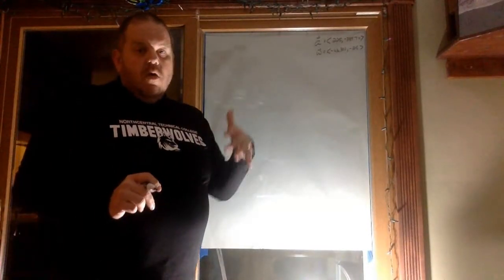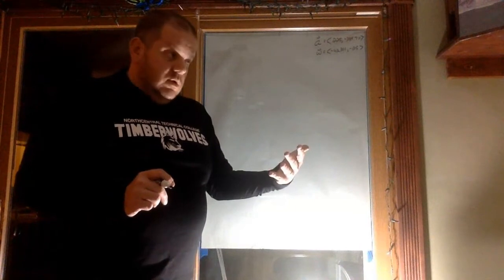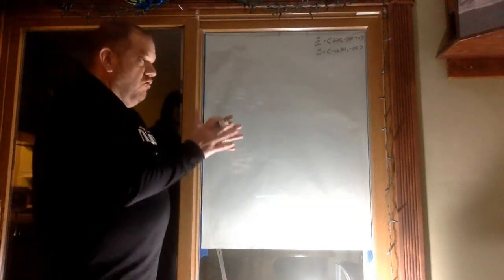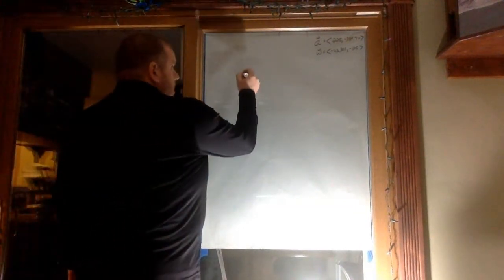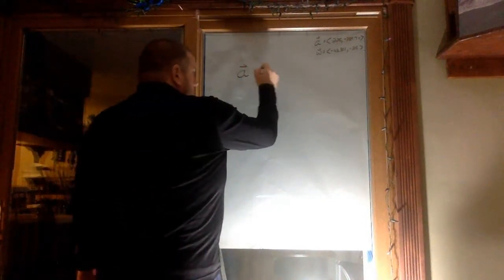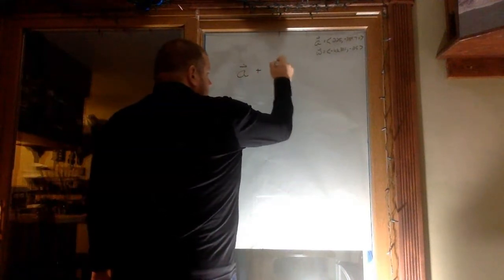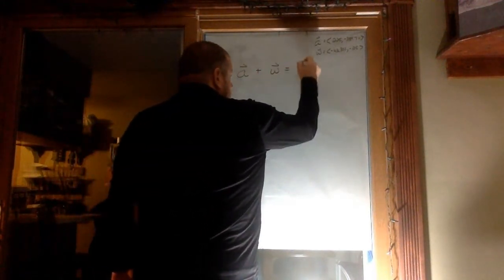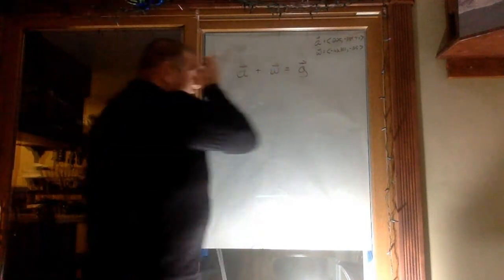So now the true flight of this plane is going to be from that formula: A, my aim, plus my wind is going to equal my true vector.